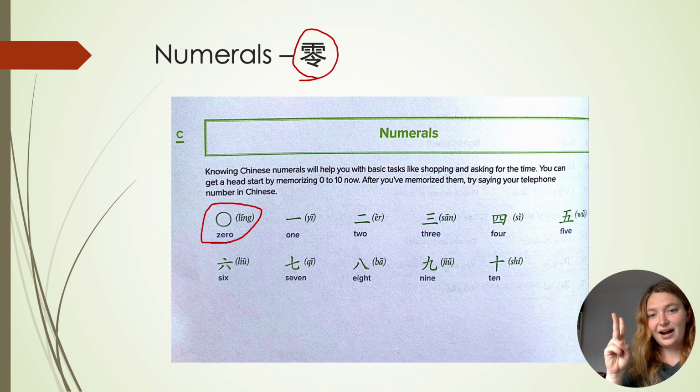So 1, 2, 3, 4, 5, 6, 7, 8, 9, 10. And that's how you count in Chinese. You will see people use this every day. It's very common to count on your fingers and to tell people how much something costs or what something is.